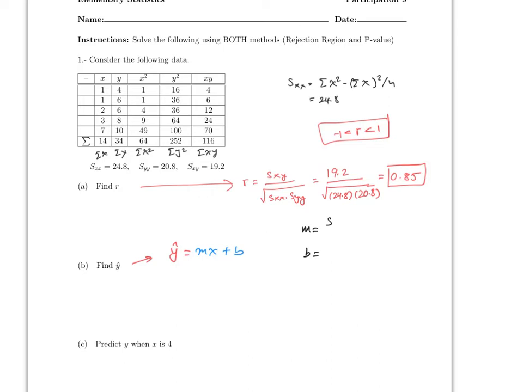This is just S_xy over S_xx. And this is y bar minus m times x bar. All right, so in this case, S_xy is 19.2 and S_xx is 24.8. So how much is that?